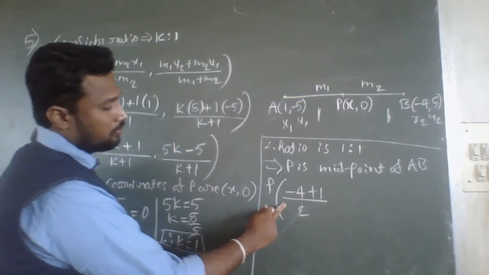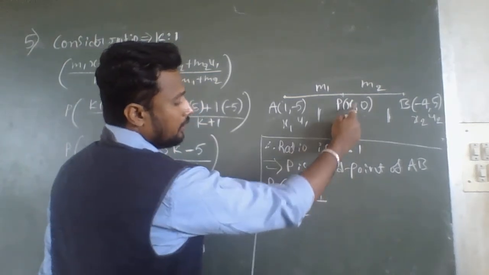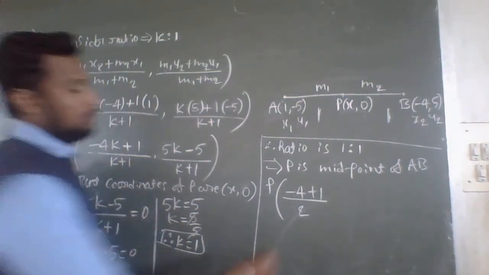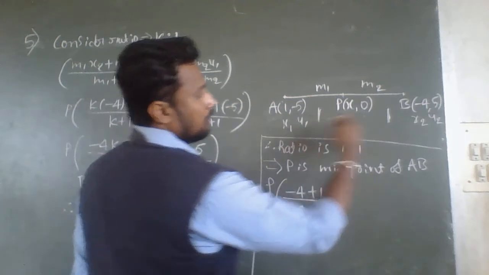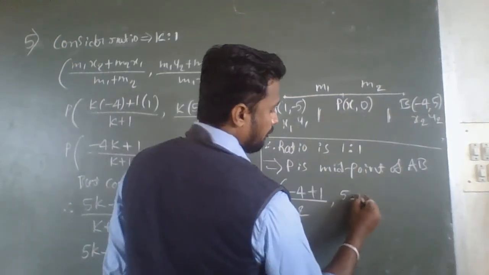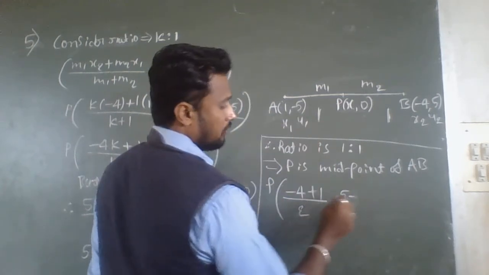Like that only, for y: y1 plus y2 by 2 means 5 plus minus 5.